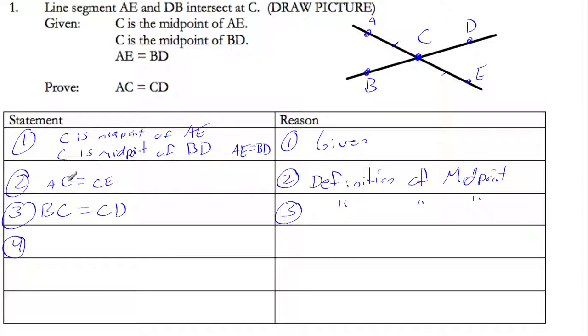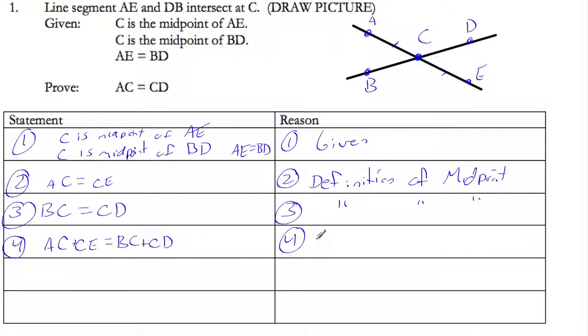Well, if I know that AC equals CE and BC equals CD and AE equals BD, that means that AC plus CE is equal to BC plus CD.